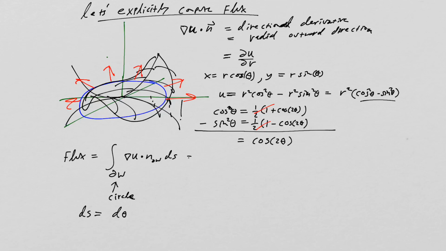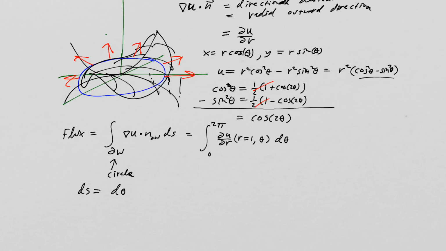And then we already know that this is going to be 0 up to 2 pi. And then we're going to have the partial derivative of u with respect to r, and then we're going to calculate it at r equals 1, and then integrate around all of theta d theta. Okay? All right, so there we go. So now we just have to calculate the partial derivative of u with respect to r.